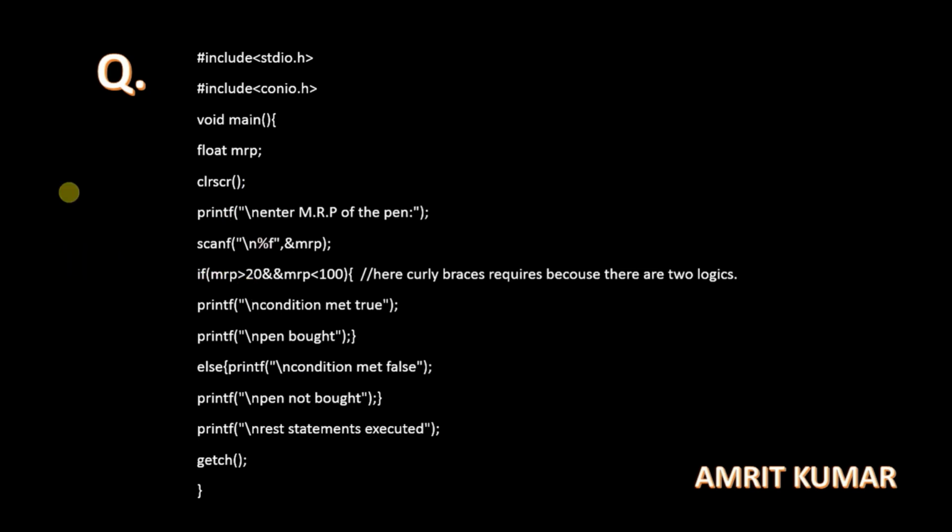Okay, so here I can say that this is another example, or we can say program of the if else statement, and this is really going to help you in C language, because if your mindset is clear, then you can do coding very easily. Okay, if your logic is clear, then you can do anything.